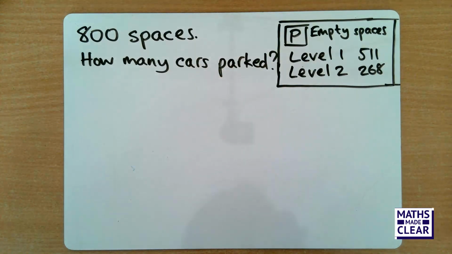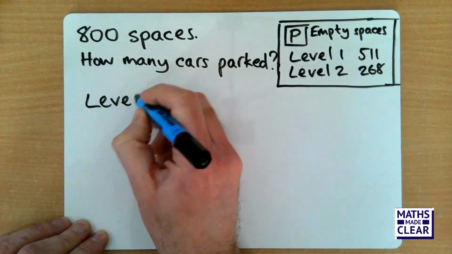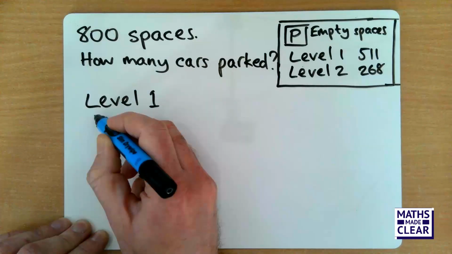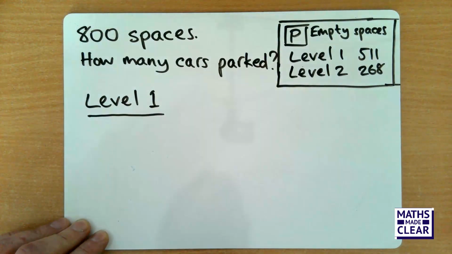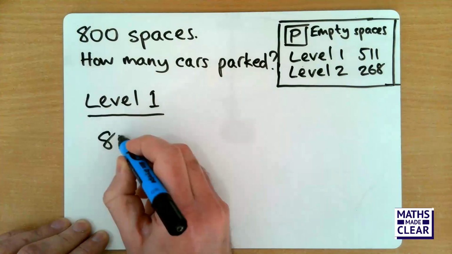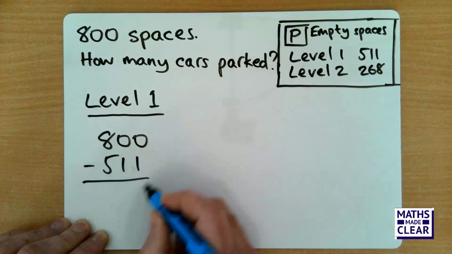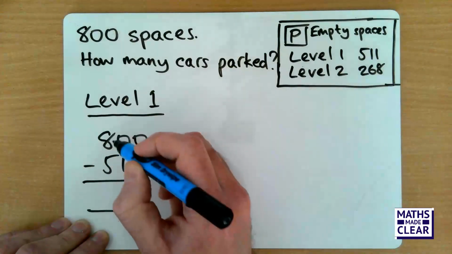So from here, we should be able to work out how many cars are parked there, because it will be 800, which is the total number, take away the 511 empty spaces, because we take those away and then we're left with the ones that are parked. So 800 take away 511, well, you can do a column subtraction for this. Let's have a quick go at that.